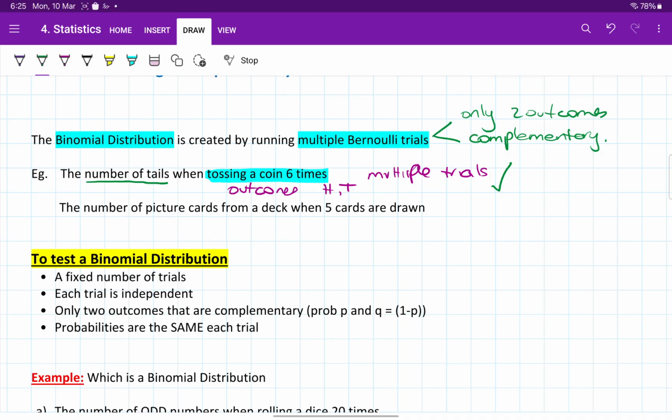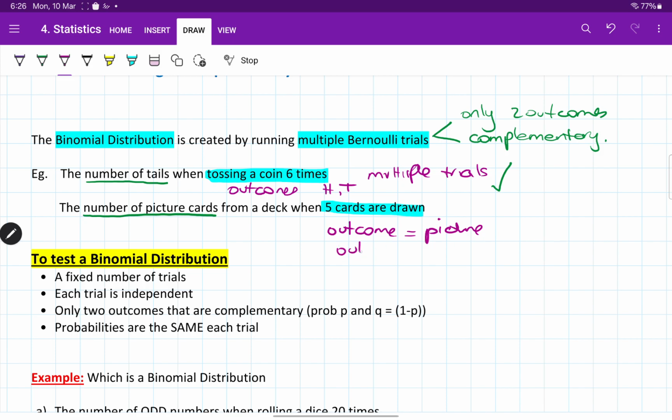Having a look at the next one. Getting the number of picture cards from a deck when 5 cards are drawn. Okay, so let's have a look. Are there repeated trials? So we have a deck of cards and we are drawing 5 cards. All right, and we are having a look at the outcome of getting a picture card. If we have the outcome getting a picture, what is the complementary outcome?